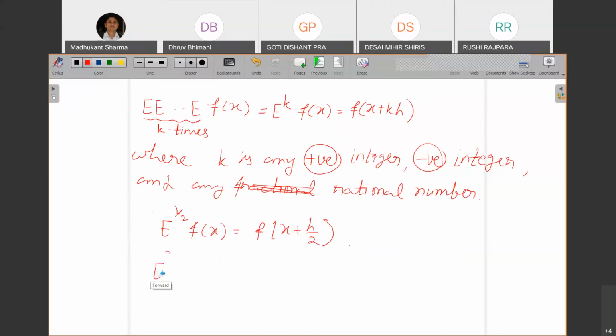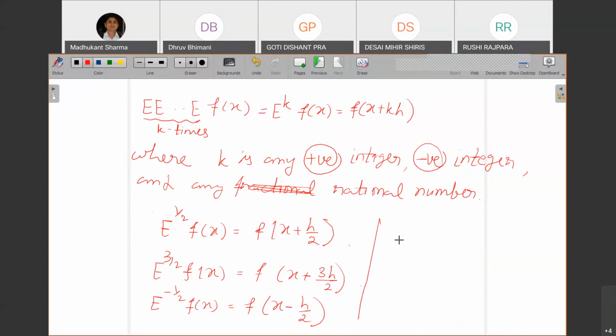E to the power 3 by 2 f of x is defined by f of x plus 3h by 2. This is how the shifting operator works. In the negative case, E to the power minus half f of x shifts to the previous value by half a step, so f of x minus h by 2. E to the power minus 3 f of x equals f of x minus 3h. So this operator behaves like this.